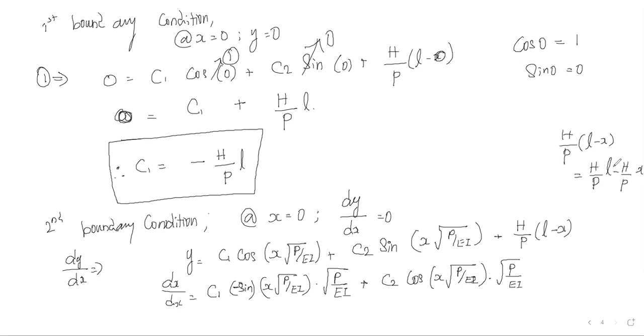If I differentiate this, the L term goes to 0, nothing is there. This term only we have, so minus h by p we get. So this is the slope equation, dy by dx.